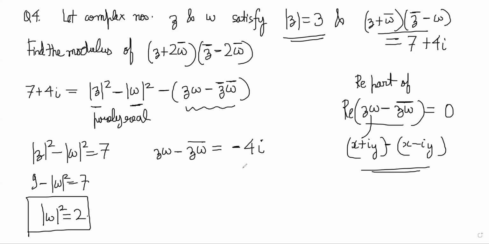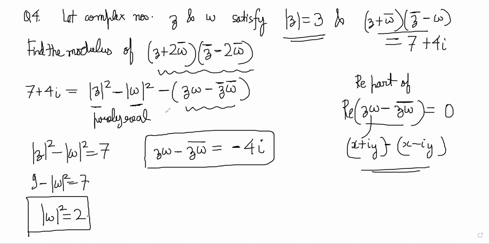And now we know this thing, right? So what do we have to find? We have to find the modulus of this. So let's evaluate what complex number comes here. That will be basically mod z square minus 4 mod w square minus 2 times (zw minus z conjugate w conjugate).